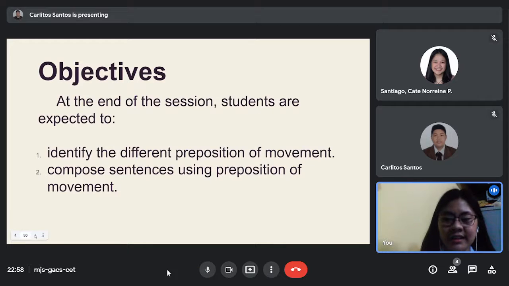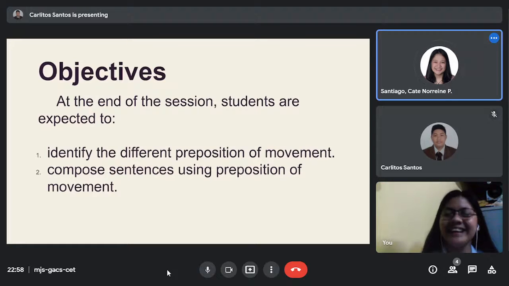And for the next objective, compose sentences using the preposition of movement. Did we achieve it for today, for the session? Someone typed in, okay, someone raised their hand. I can see Miss Kate raising her hand. Yes, Miss Kate, do you have something to say? None so far, ma'am.